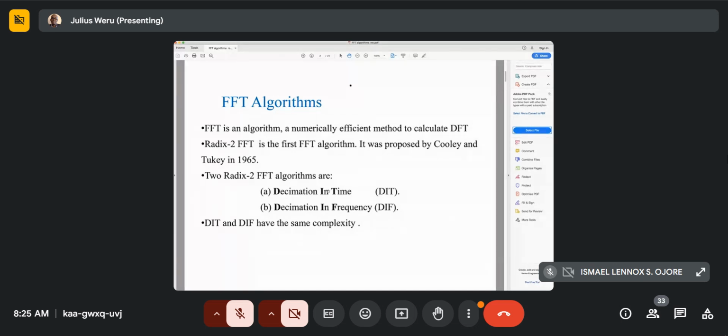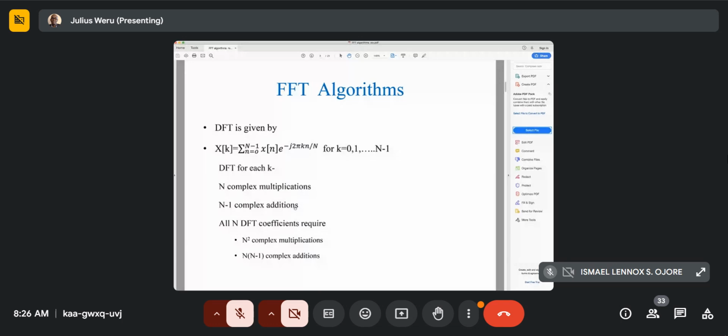That's why we call it decimation in time. The DIF would be working in the frequency domain. The two, DIT and DIF, have the same complexity, but we're only going to look at this DIT. As I said before, it was proposed by Cooley and Tukey in 1965.